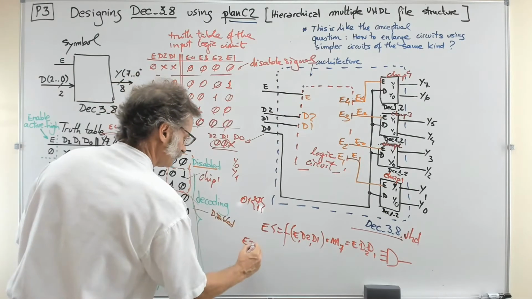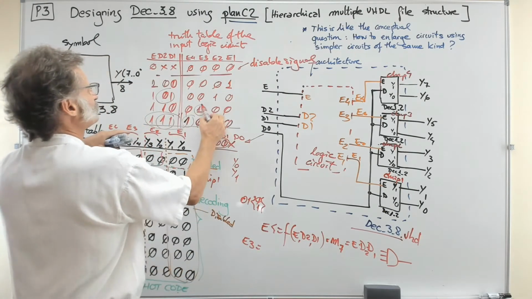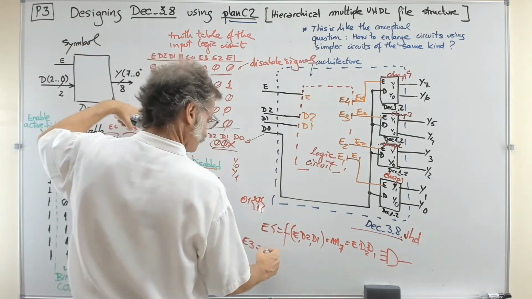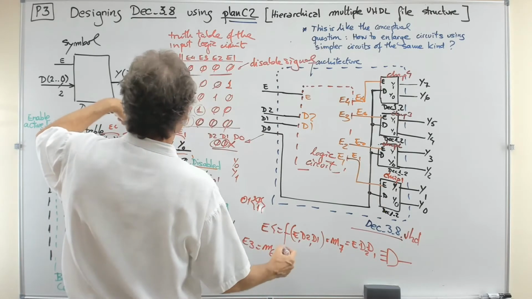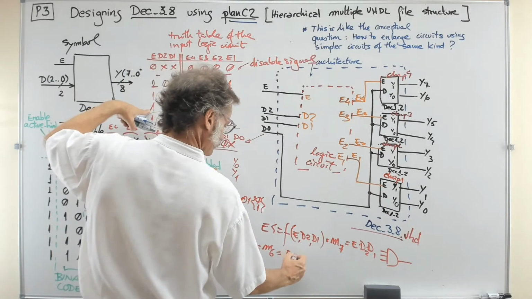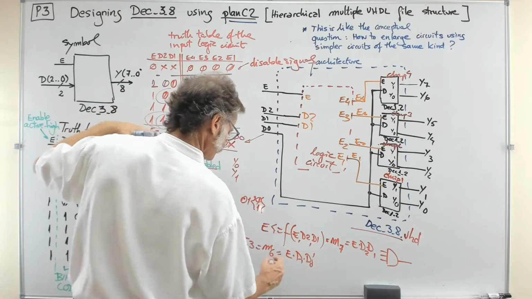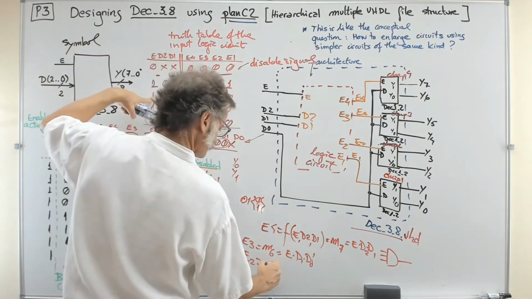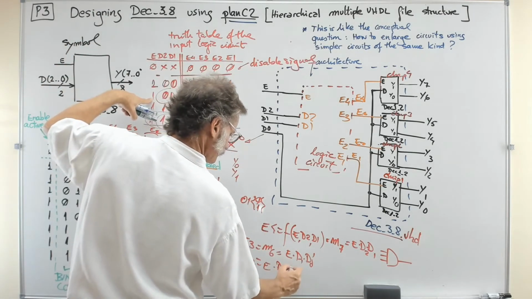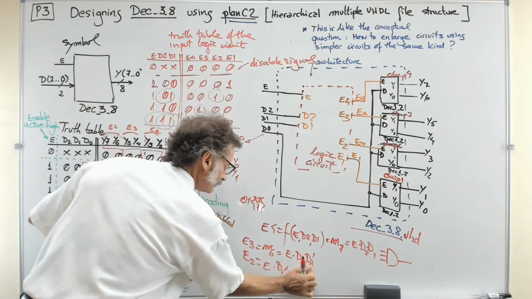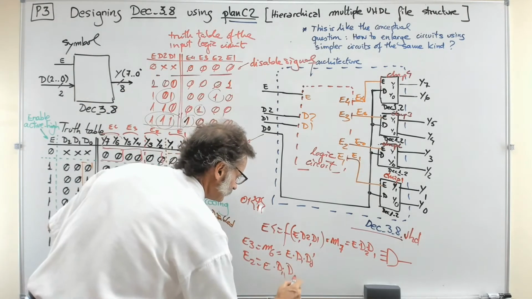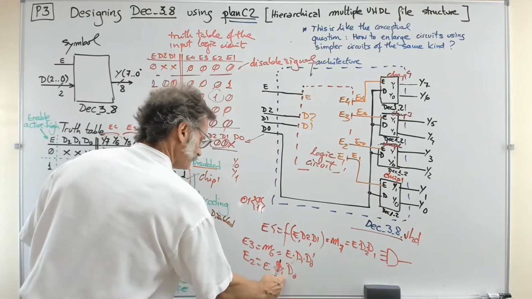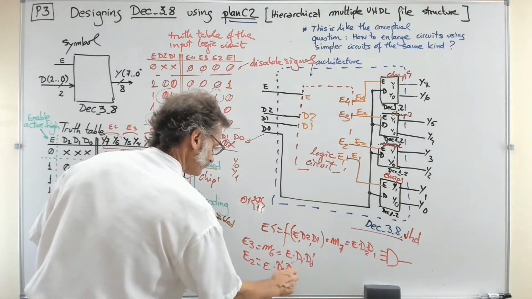So the E3 is something similar, and this is the only min term that the function has. This is just the min term 6 of this function, 110, so it is E, D2, D1, and D0 not. Then you have the E2, which is practically the 5, so it is E, D2, D1 not, and D0.